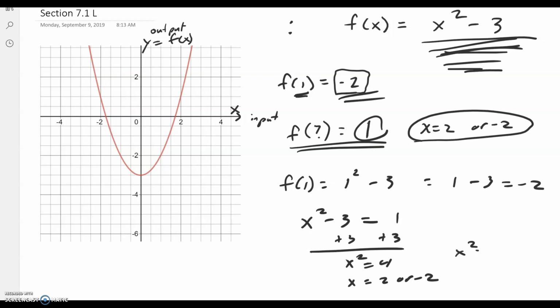Or we could set this equal to 0 and factor. And we would get -2 or 2 as solutions. So there's a whole lot of things you can do with a picture of a function that if we had some algebra skills and some knowledge of what the function was algebraically, we could answer the same questions.